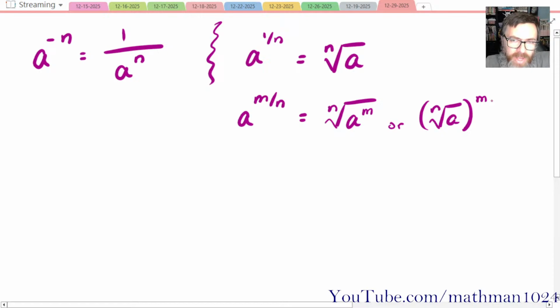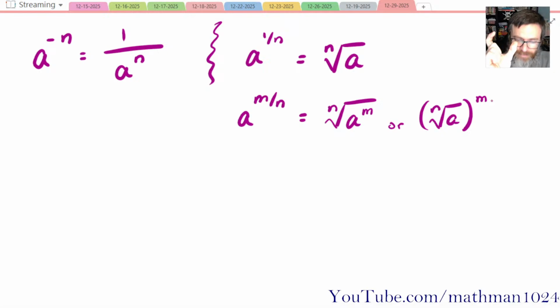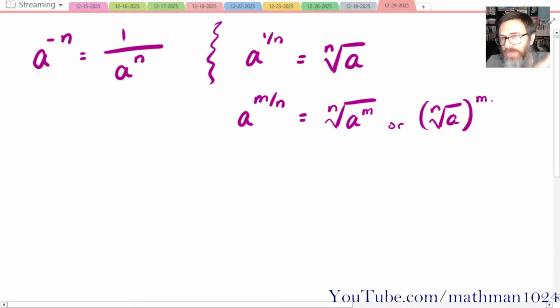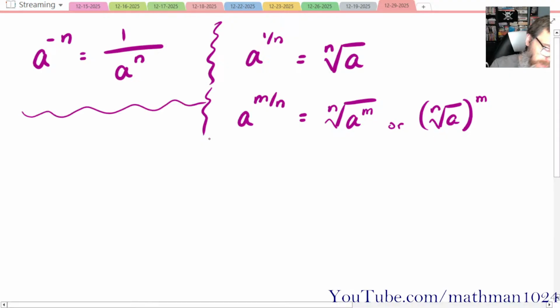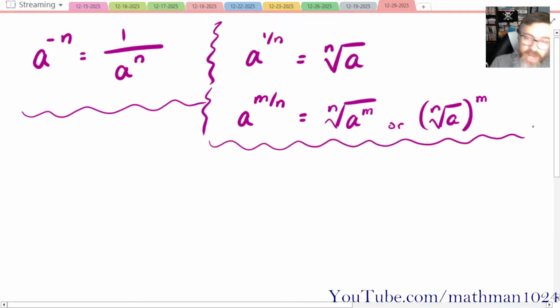By doing it that way, it allows us to take that base and apply the root, which typically makes it smaller before you raise to a power and make it bigger. Just an easier way to approach that. So just keep all of that stuff in mind when we're working with these exponential equations.